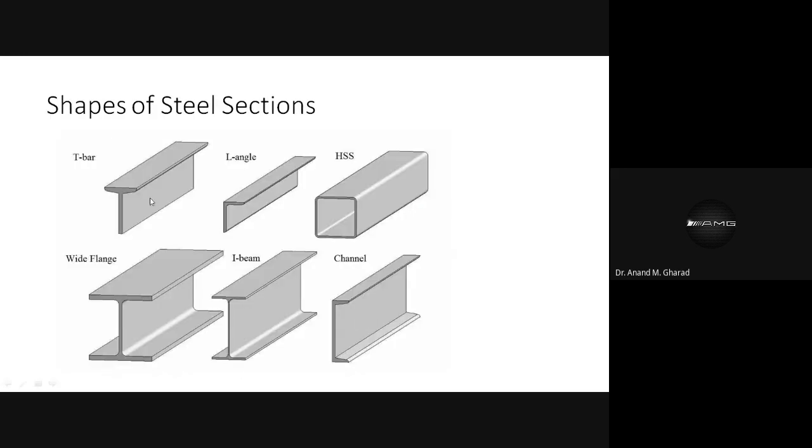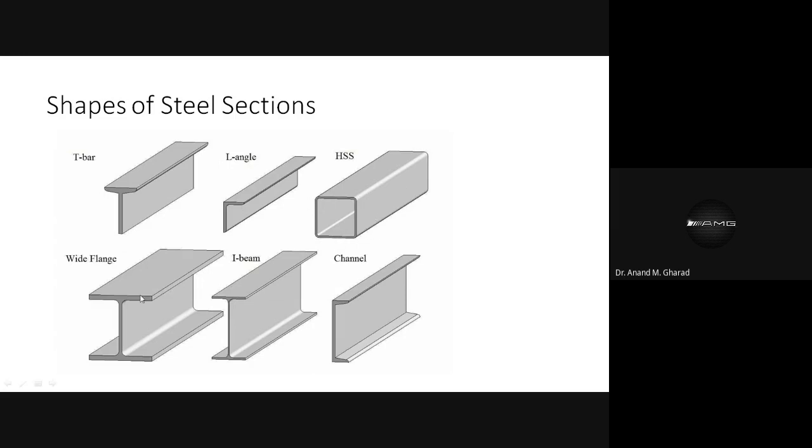Then these are the shapes of the steel sections which I was discussing about. So you can see this is a T bar. This is known as T bar. The cross section is like this, and this is the length of that member. This is L angle, or it is also known as angle section. Commonly, it is known as angle section. Then this is the box type of section.